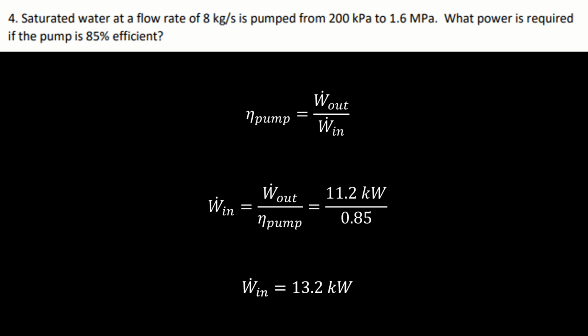Therefore, in order to drive this pump, whether you're burning gas or you're heating up water to form steam, you need in some way to input 13.2 kilowatts of power in order to convert that into 11.2 kilowatts of usable power for some process.